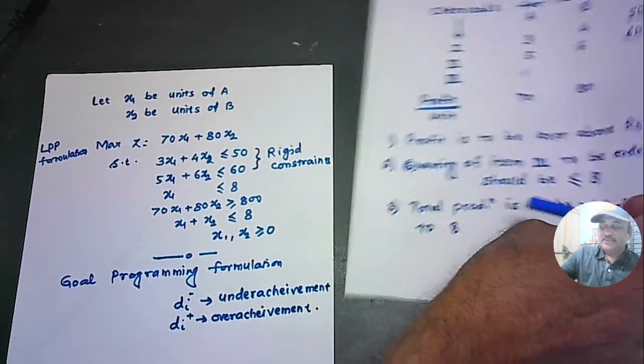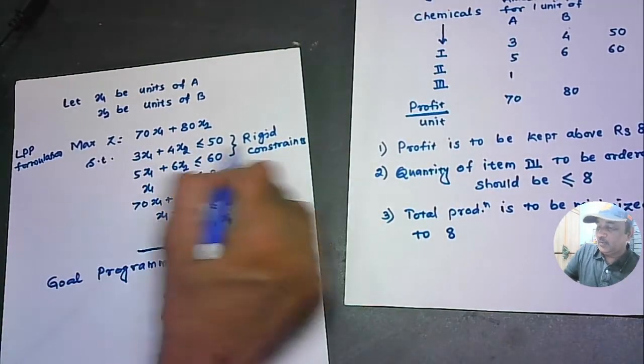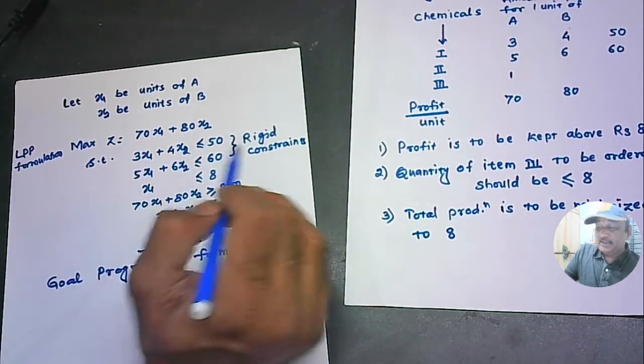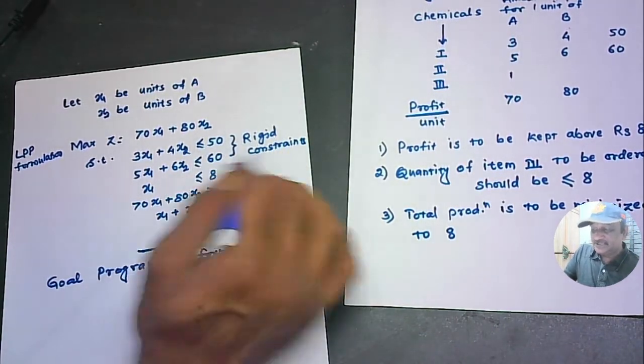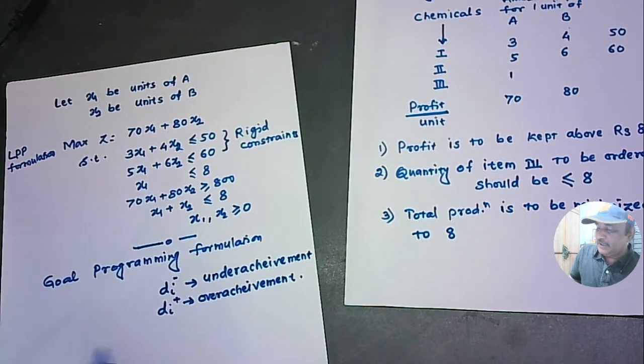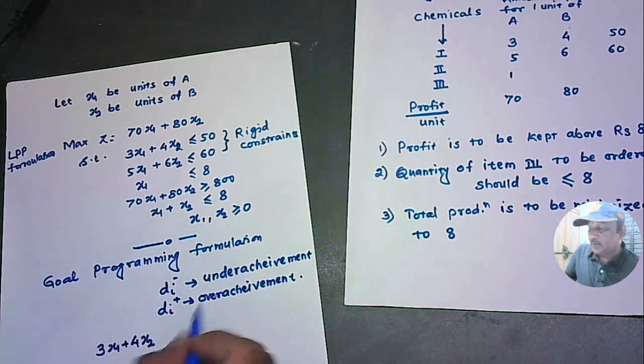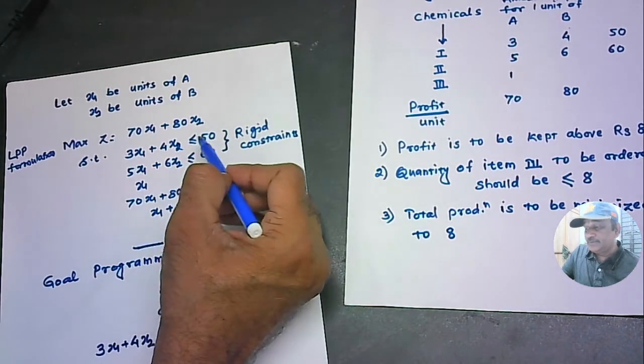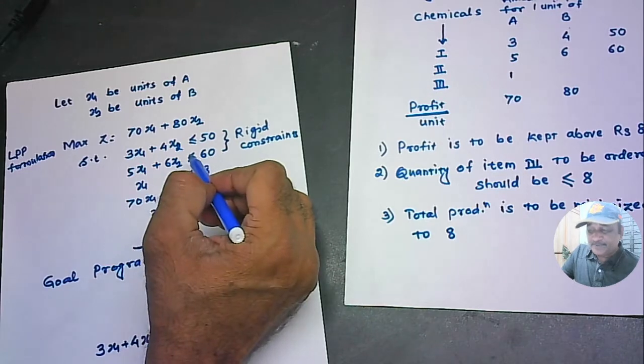So let's see how I convert this rigid constraint into a goal programming constraint. I'll write 3x1 plus 4x2. Now, this value can be less than 50.